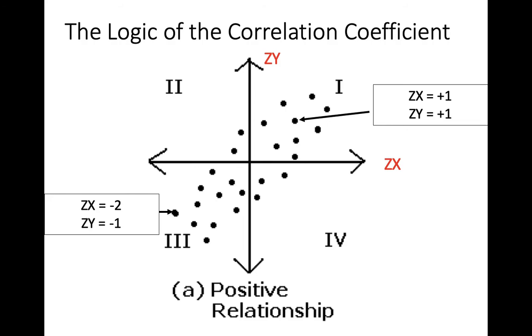Okay. So expressing our raw scores as z-scores is going to allow us to better see the degree of correspondence between our x and our y variable.